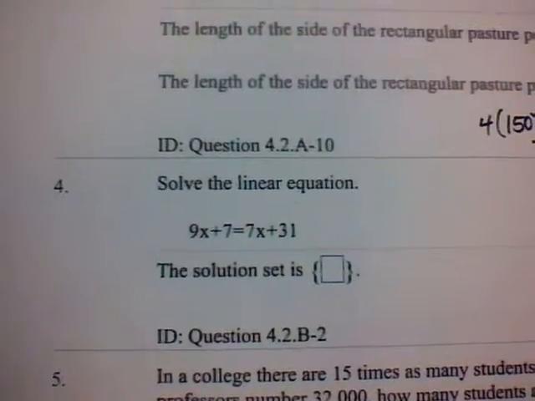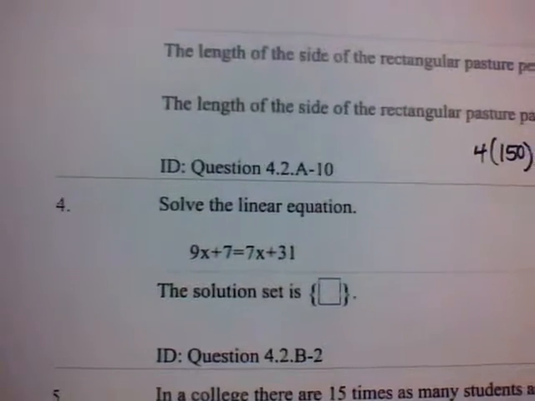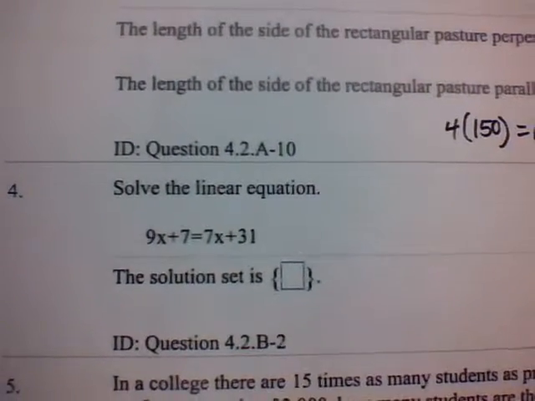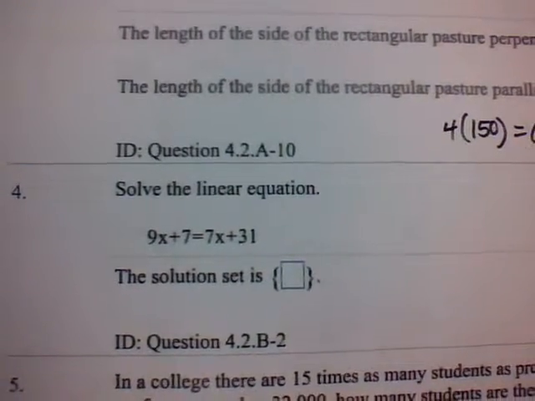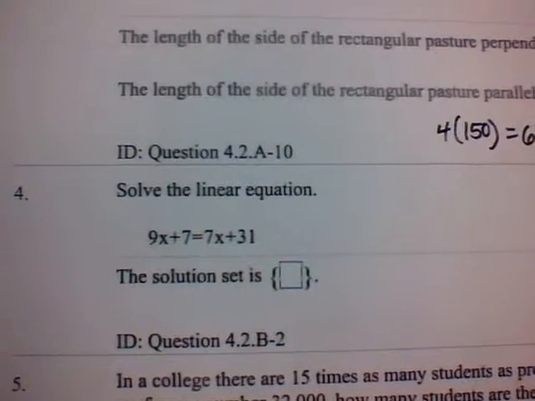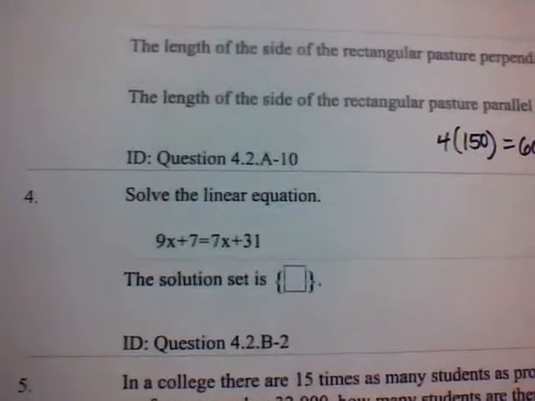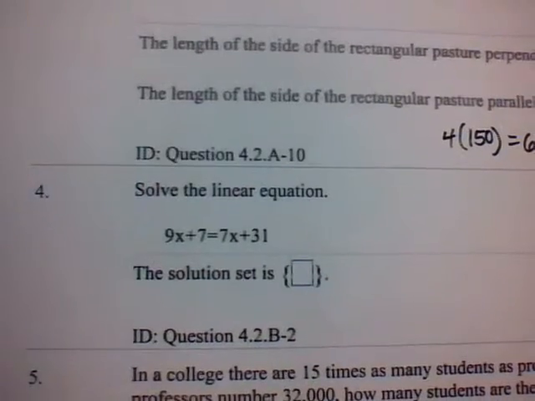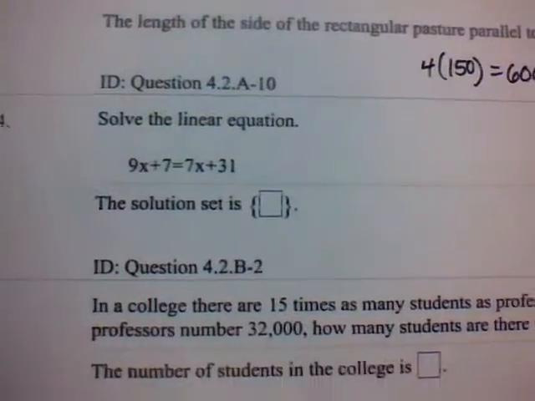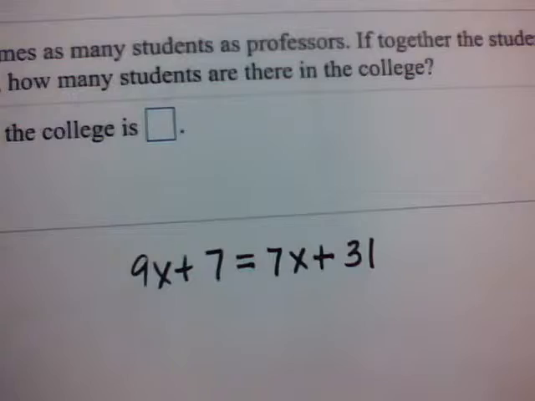Here's number 4. Solve the linear equation 9x plus 7 is equal to 7x plus 31. And I'm going to work the equation down here at the bottom.